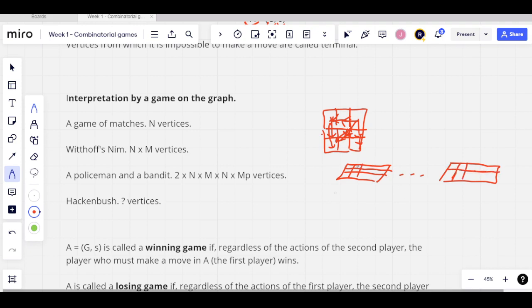And we can make steps like this. A little bit confused. So do we need n multiplied by n multiplied by m vertices, or n multiplied by m and multiplied by m vertices?